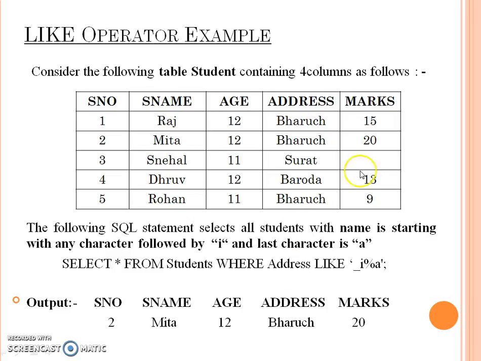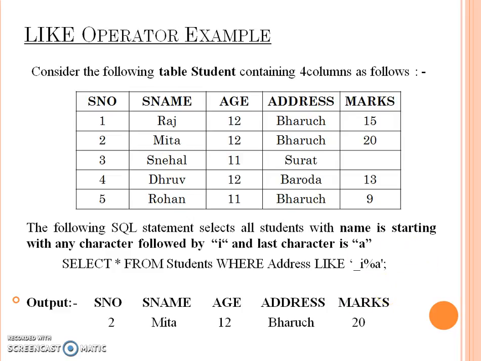Now, since I told you that we can use the wildcards underscore and percentage in combination, the same example has been listed for the same query, that is listing out the names of students who start with any single character followed by I. I mean to say that the next letter of the name should be I, and the last character of the name should be A, right?